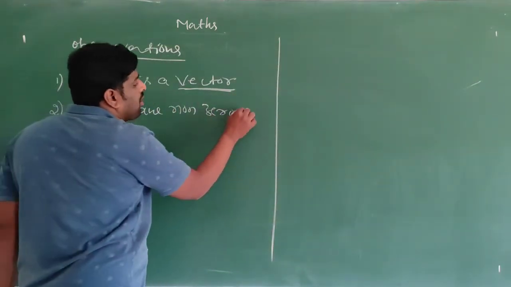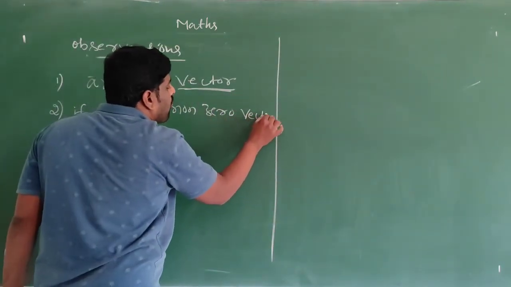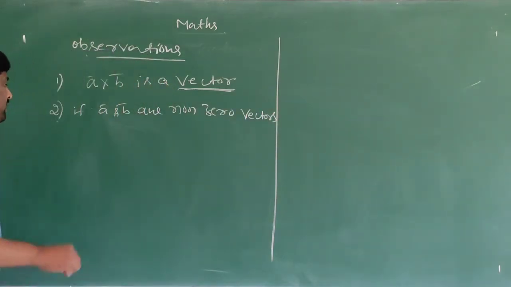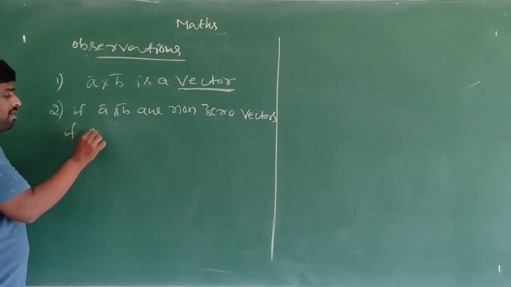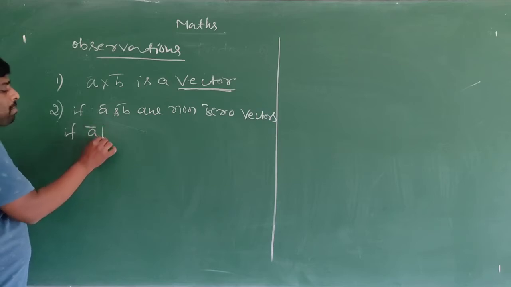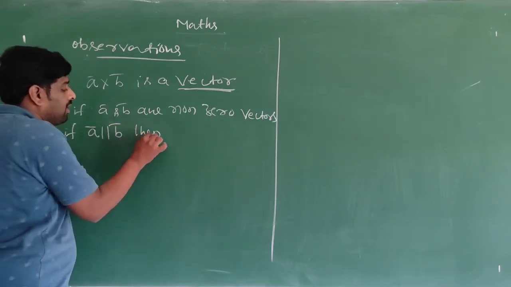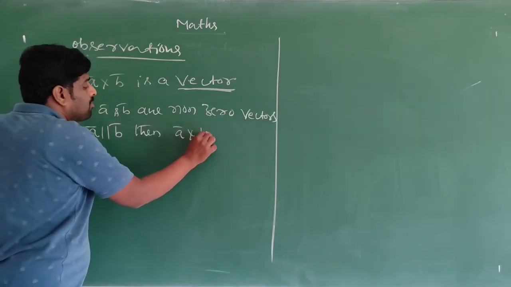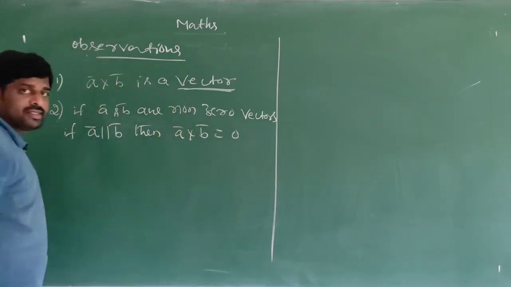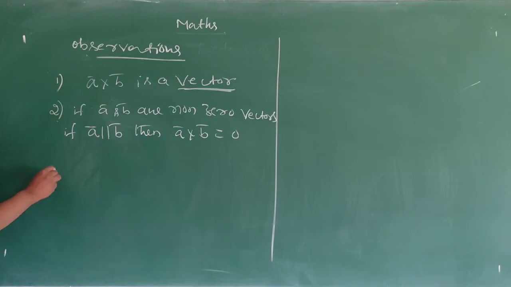Now come to the second point. If A bar and B bar are non-zero vectors, if A bar is parallel to B bar, then A bar cross B bar is 0. This is vice versa.